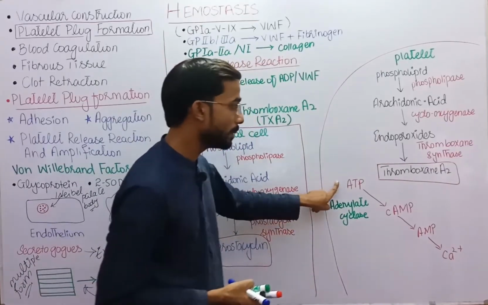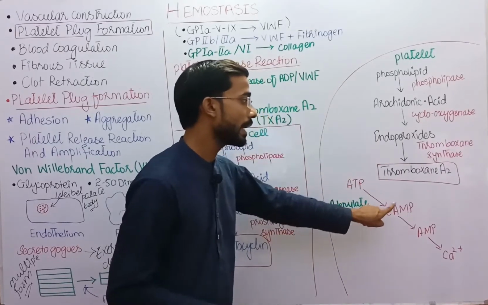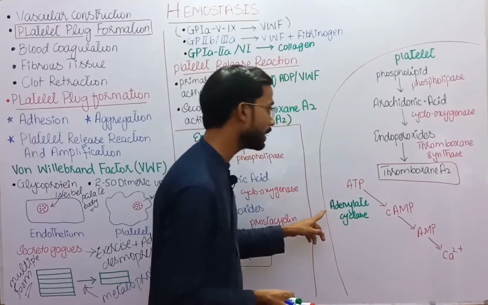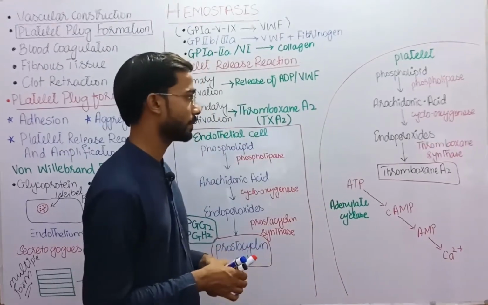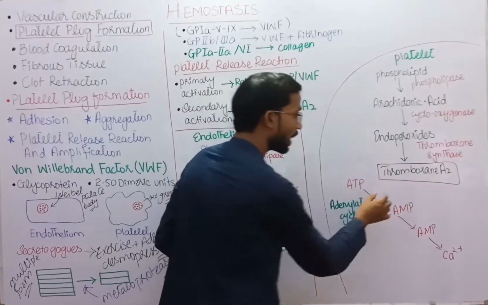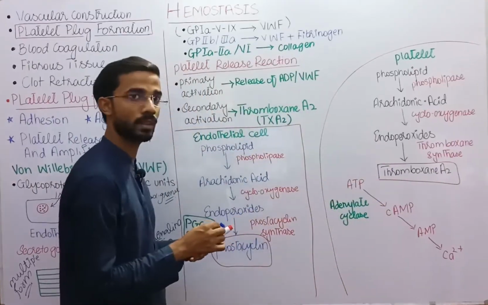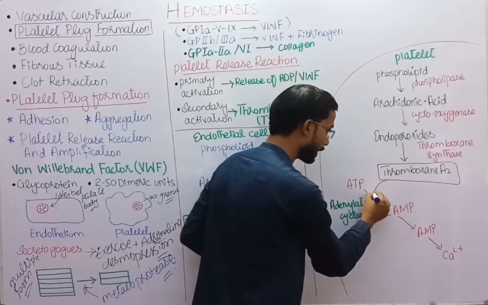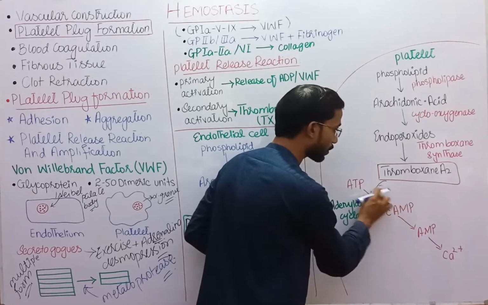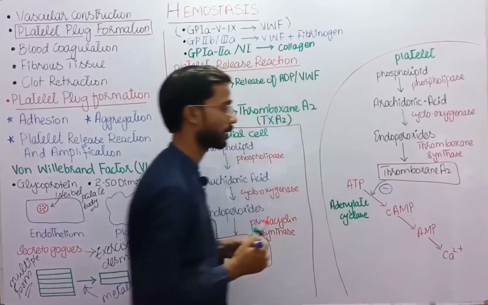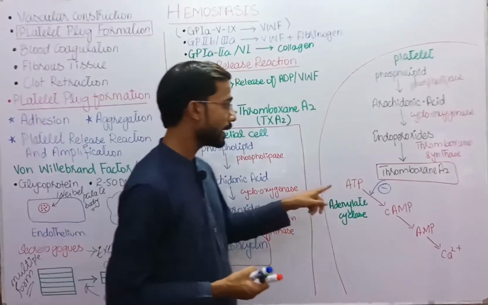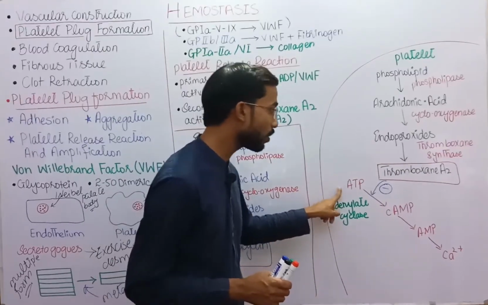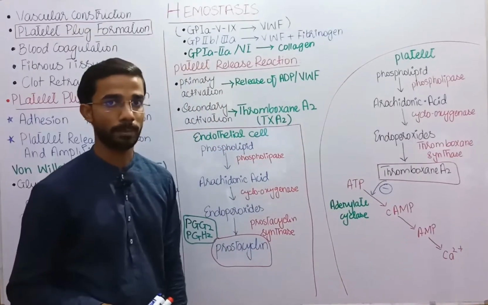ATP converts into cyclic AMP, adenosine monophosphate, with the help of adenylate cyclase. Thromboxane A2 has a negative effect on this enzyme, which is adenylate cyclase. It has a negative effect on it, right? It means it inhibits or hinders the conversion of ATP into cyclic AMP, right?